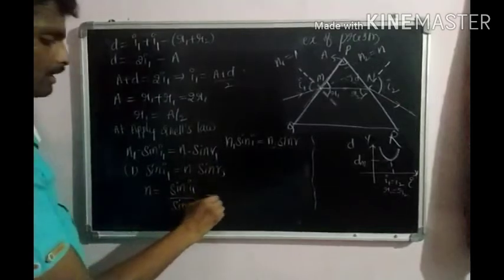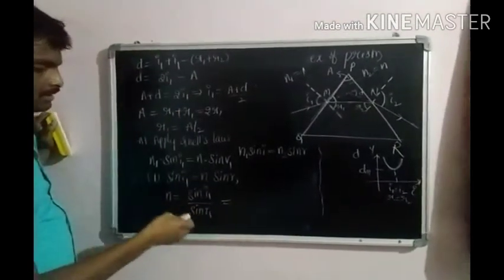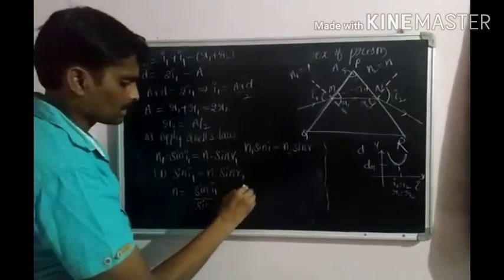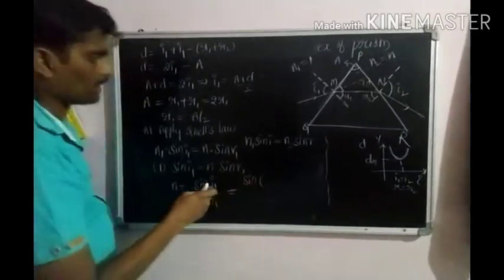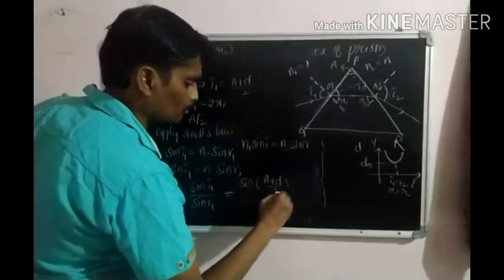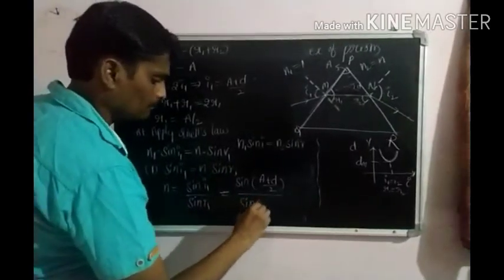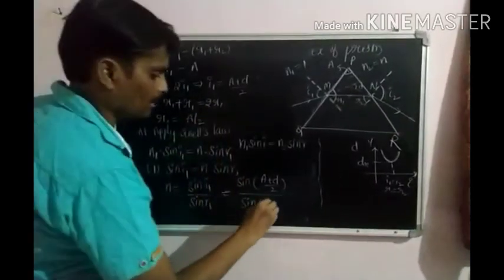We already got I1 and R1, so we substitute these values. I1 is (A plus D) by 2, and R1 is A by 2.